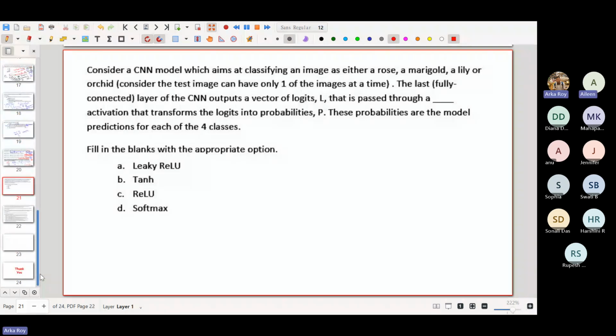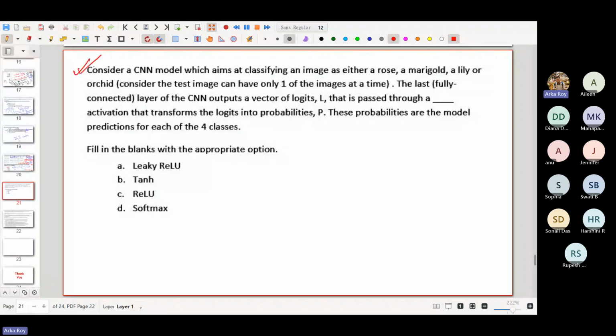Okay, so for this question, is there any mistake in the answers, at least in the marking scheme? Let me first read it out. Consider a CNN which aims to classify images as either rose, marigold, lily, or orchid.